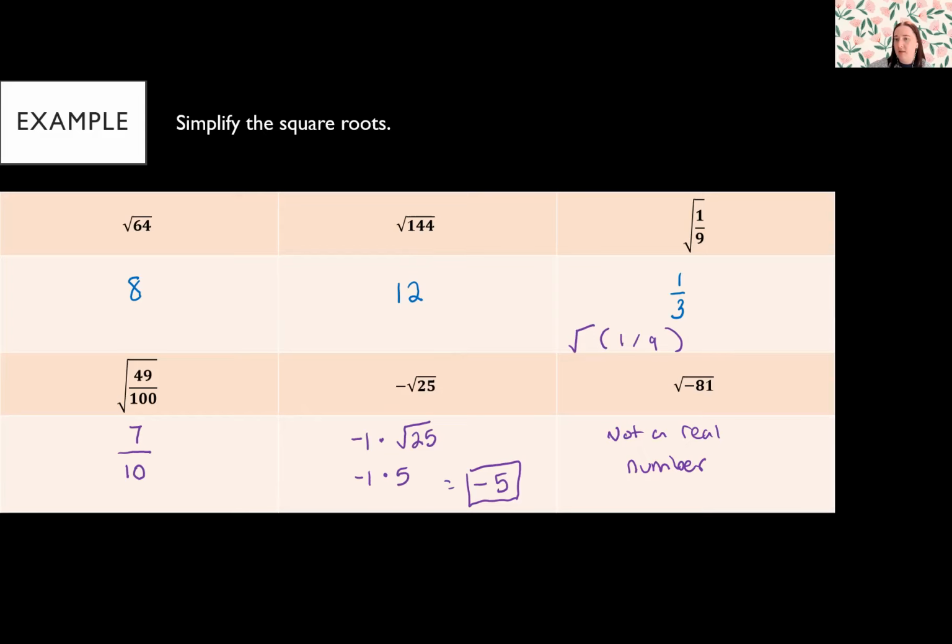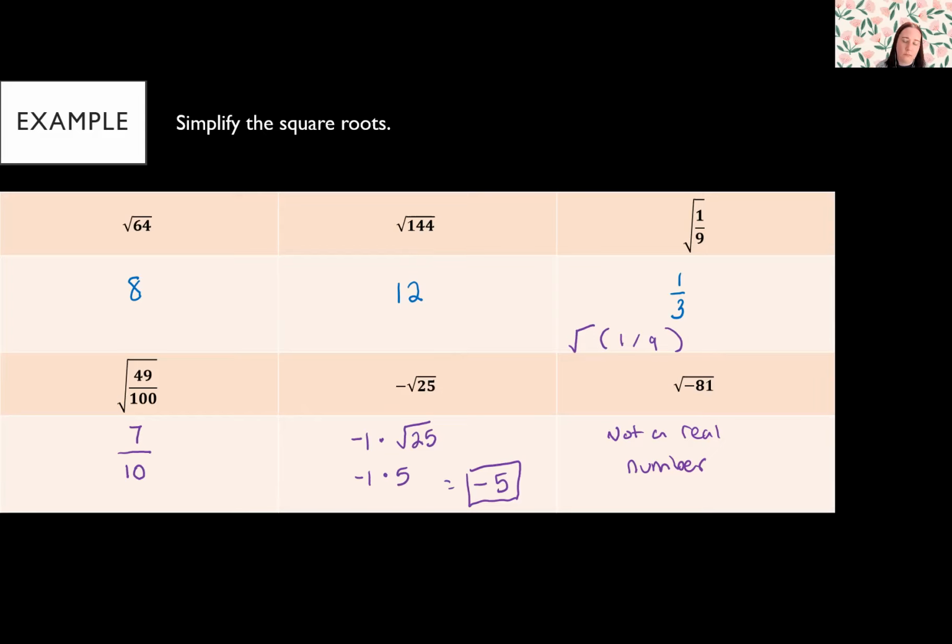The domain is like your input, so it's saying there's an error in my input here. I can't do this. Most calculators will give you an error. So you cannot do it if the negative is inside the square root. It's okay to have the negative outside, but it can't be inside. I don't have an example here of decimals, but you can take square roots of decimal numbers as well.